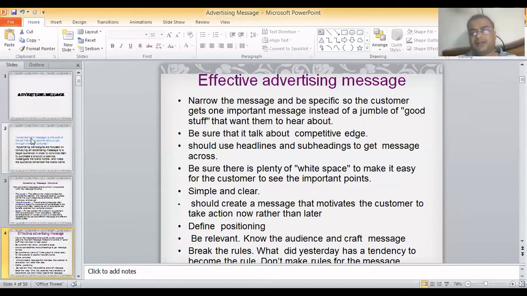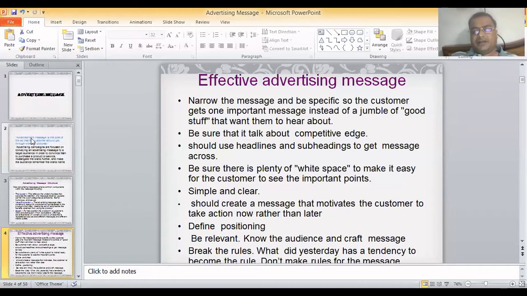So what will happen? People will not be able to clearly read the advertising message. The clarity would not be there, the visibility will not be clear, and that's why it's specifically mentioned that there should be plenty of white space in and around the message, so that the customer can read your message properly.